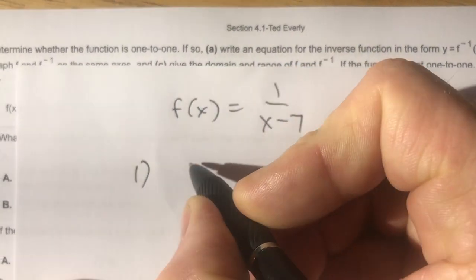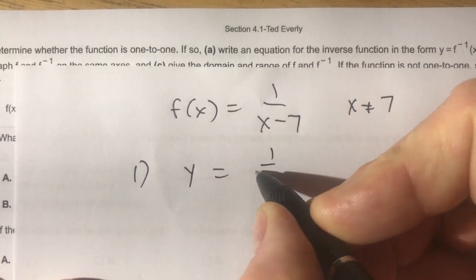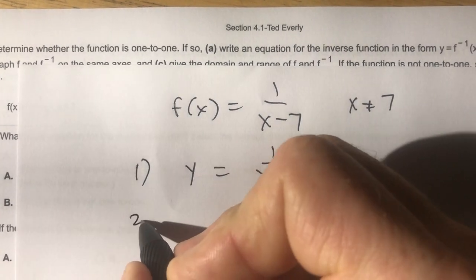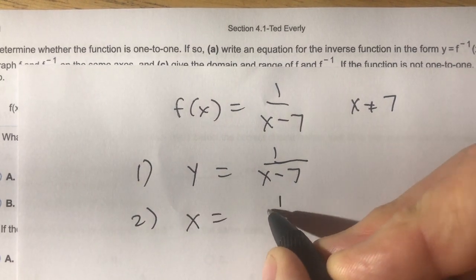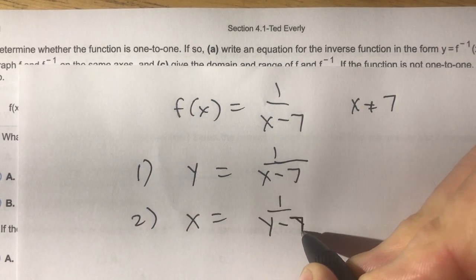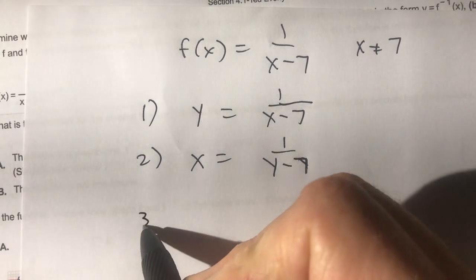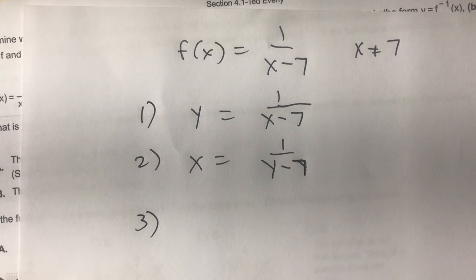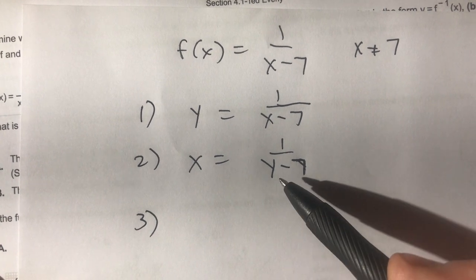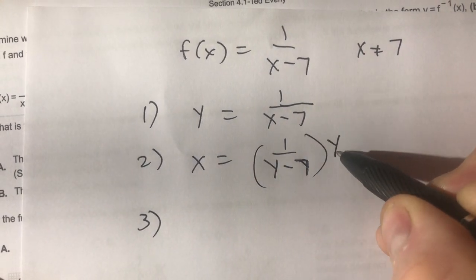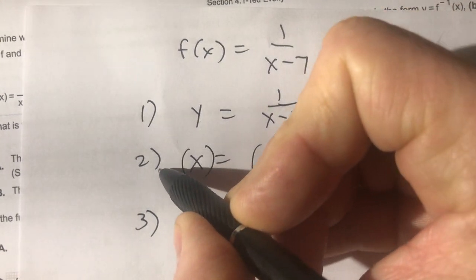So now step 1, I change this to y. Okay, step 2, I swap x and y. Okay, now step 3, got to solve for y. All right, well, like I did a while ago, I've got this denominator here. Y is in the denominator, so I'm going to have to multiply both sides by y minus 7.